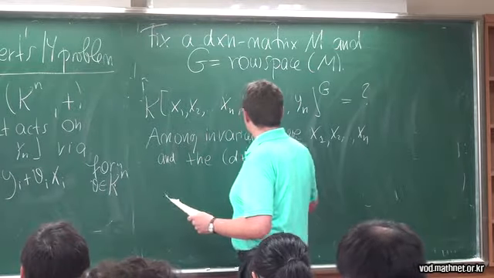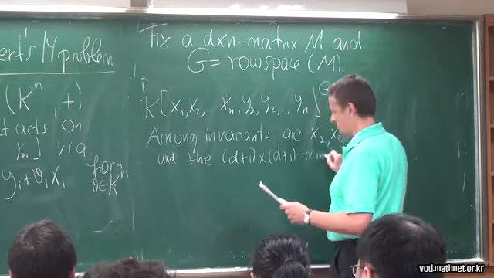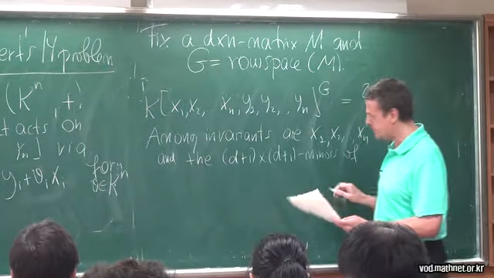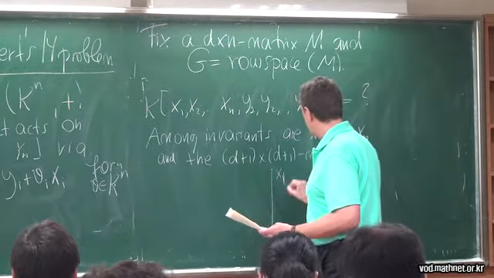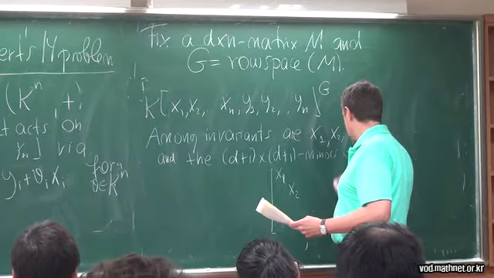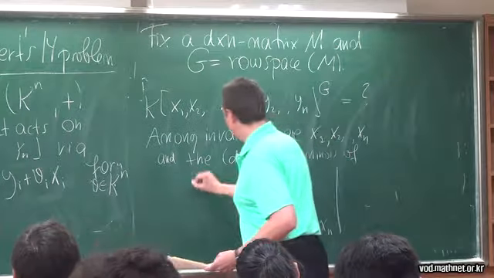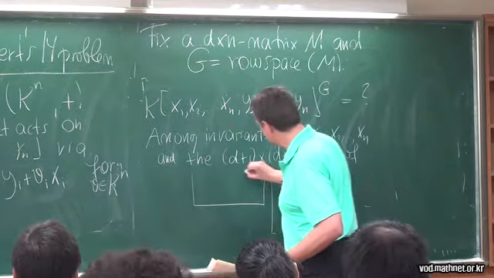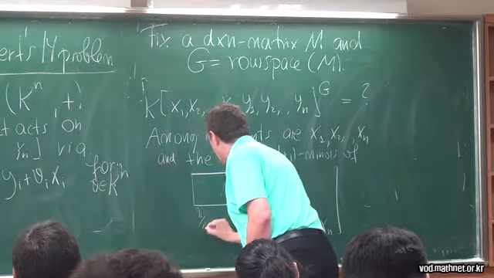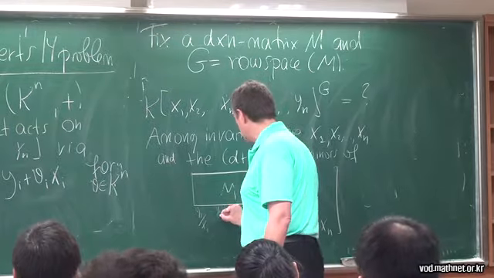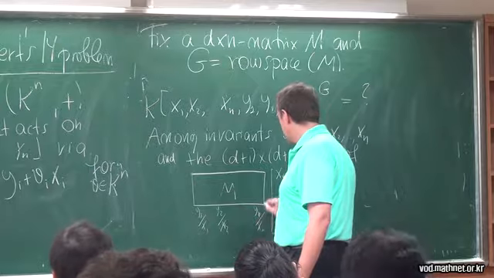Also, the d plus 1 by d plus 1 minors, the maximal minors of a certain matrix, much like in the fundamental theorem. What you do is you take the diagonal matrix x1 up to xn on the left, and on the right you take M and add one more row: y1 divided by x1, y2 by x2, yn by xn.